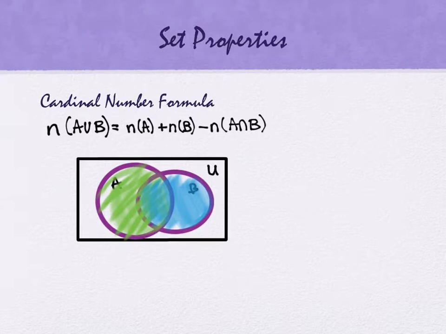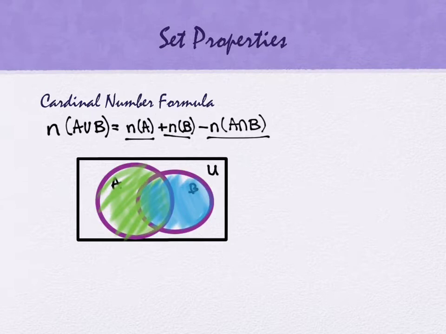The middle was counted twice. It was counted when I counted the green, and it was counted when I counted the blue, right? So in our formula, if I add the number of items in A to the number of items in B, I need to subtract one time the intersection because I double counted it. Does that make sense? I need to remove my double count. I feel like we've talked about removing double counts at least 3 times at this point in very different contexts, but I do have to remove that double count.